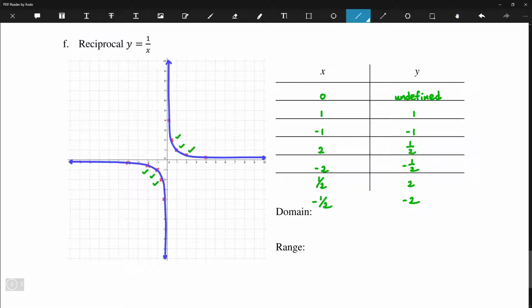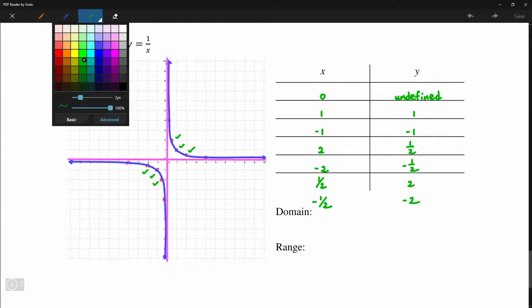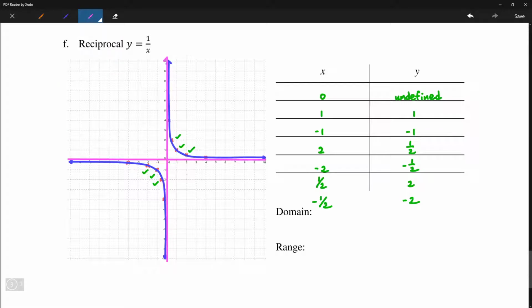An important feature of this graph is that it has two asymptotes, both x equals 0 and y equals 0. Here is the line x equals 0, and here's the line y equals 0.